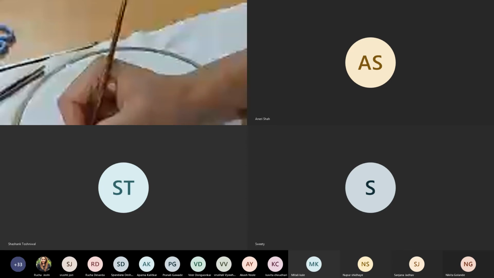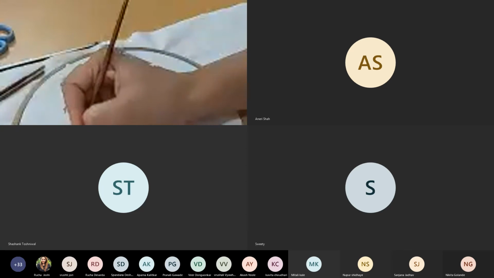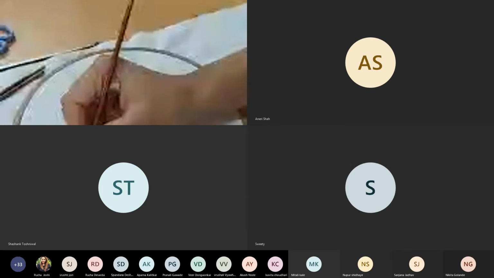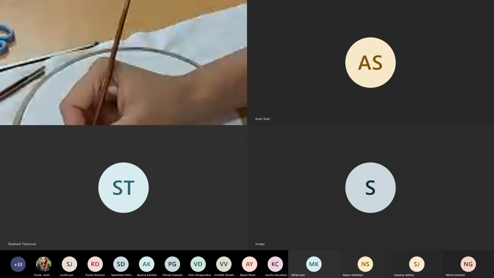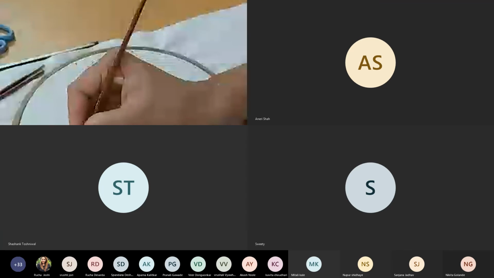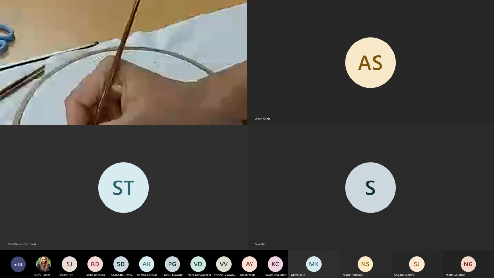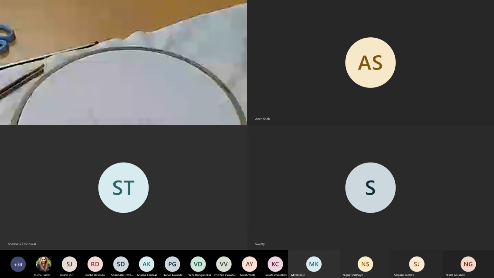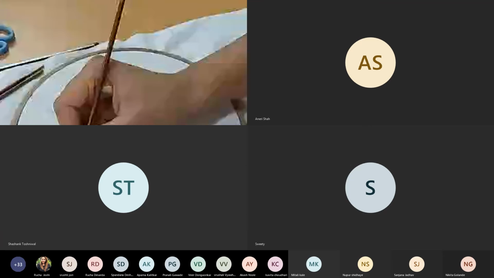This is the first kind of border filling that I am showing you today. All right, here's a triangle.